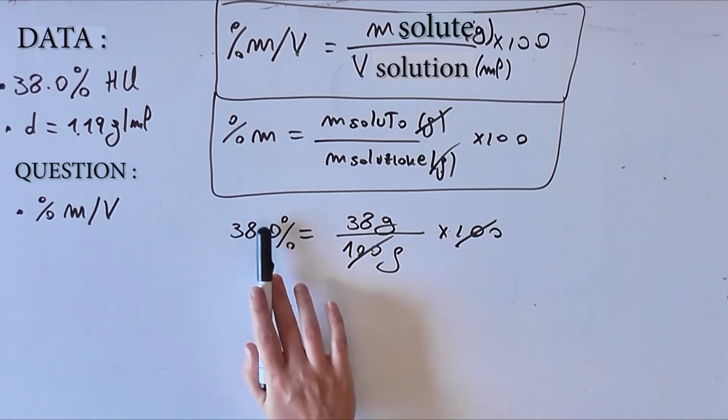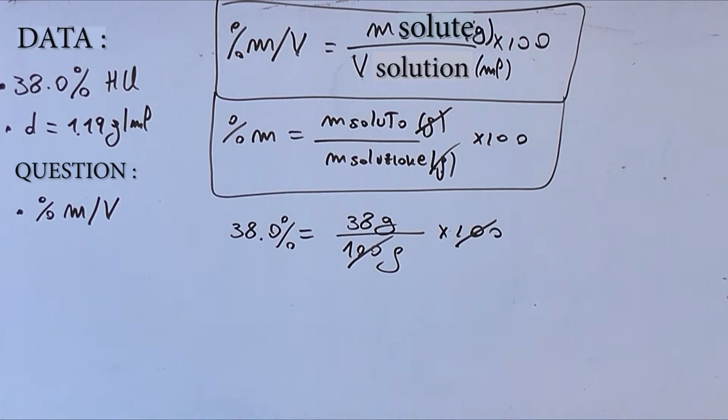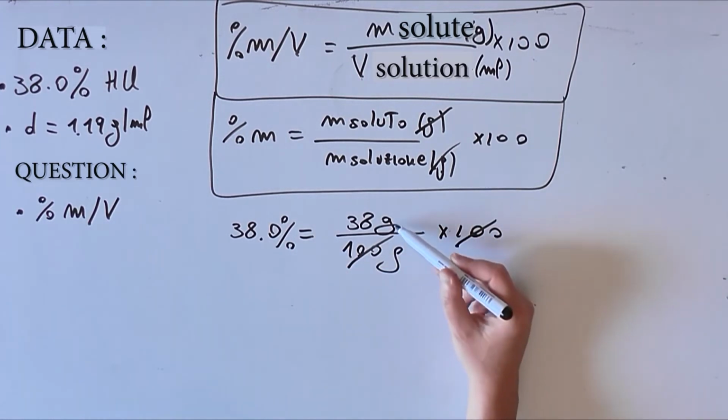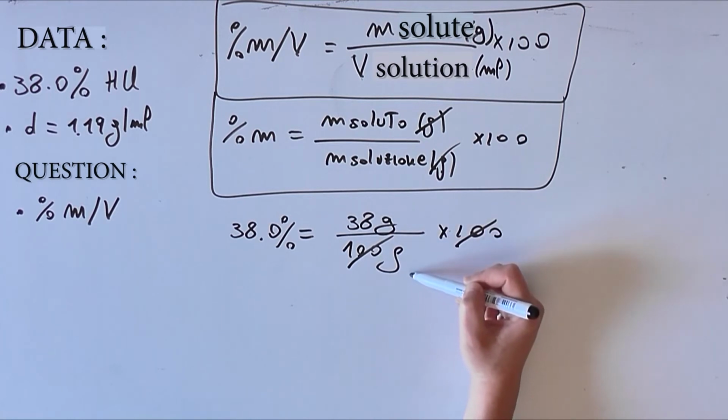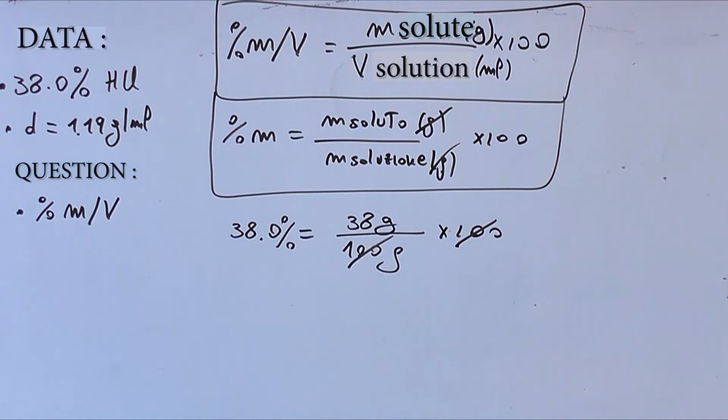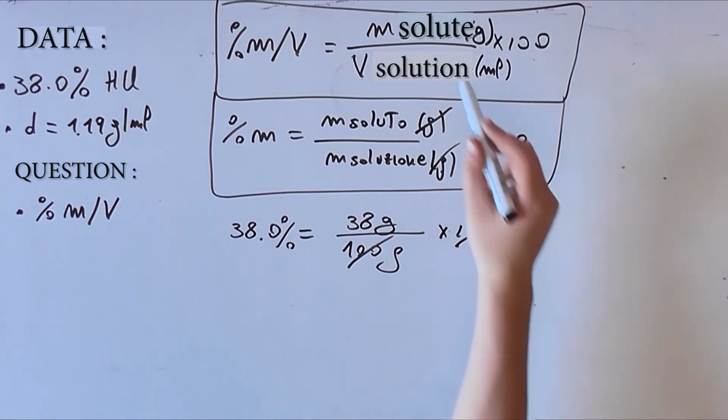Why? Because we are dealing with a solution, and solutions are homogeneous. So I can say, okay, I have 38 mass percent, so I can consider it as 38 grams of solute in 100 grams of solution, times 100. So I have the data that apparently were missing, and we can move on. I hope this concept is clear, and now we have everything.